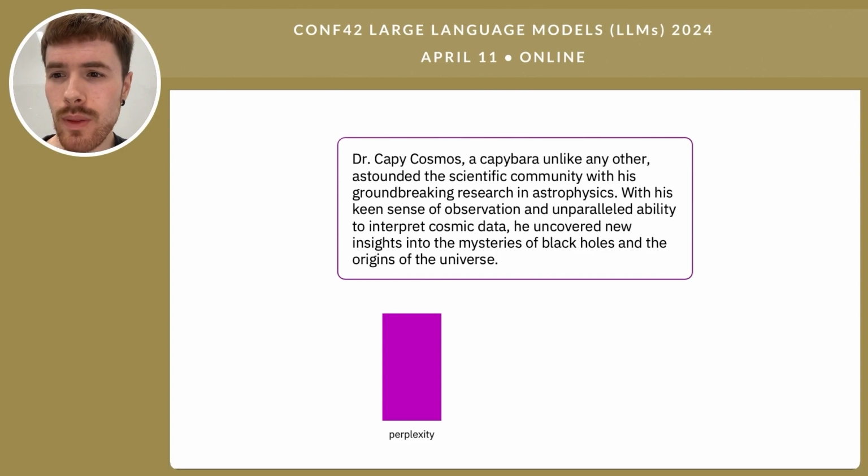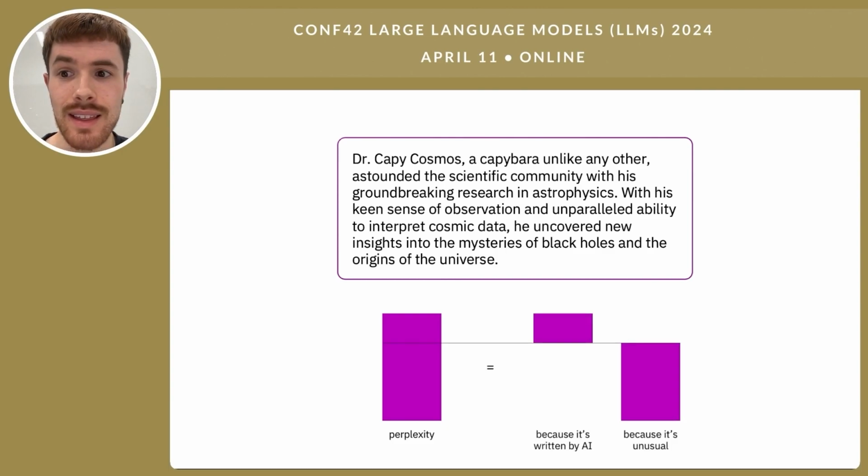But why would we not expect to see that text? There are actually two parts to something being unlikely. The first thing is that in this case, this text is unlikely because it's unusual. The topic is something very creative, so we wouldn't expect to see this thing. But another source of perplexity, of surprise, is that the text is written by a human.